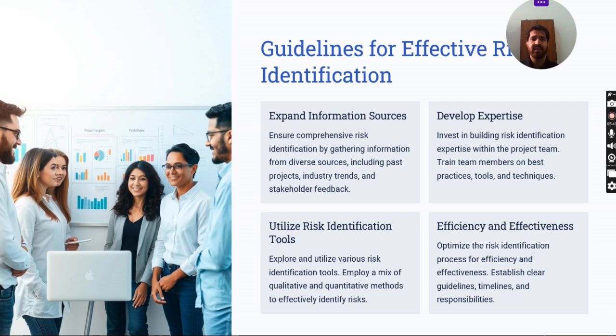The third one is utilize risk identification tools, explore various tools and use the right tools effectively. We can combine 2 or more tools together to identify a risk successfully. And the fourth one is effectiveness and efficiency. Effectiveness and efficiency is the key to identify risks.